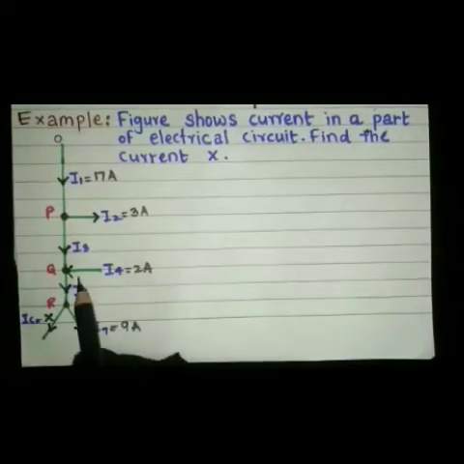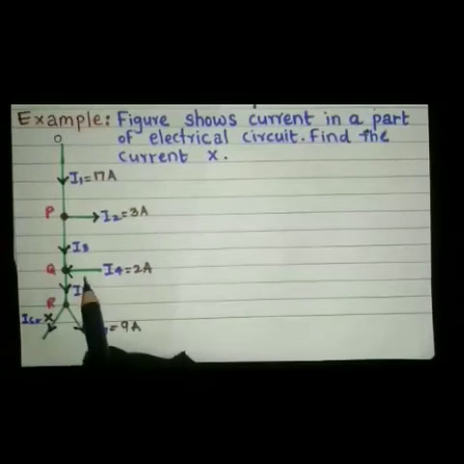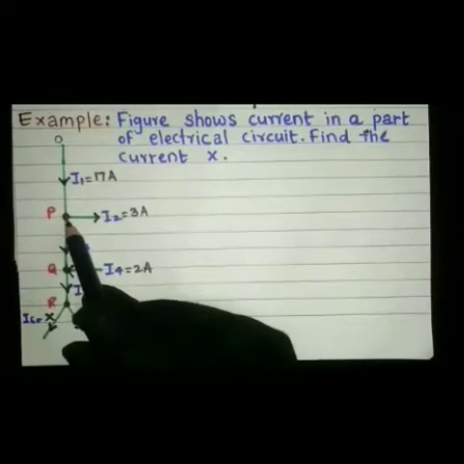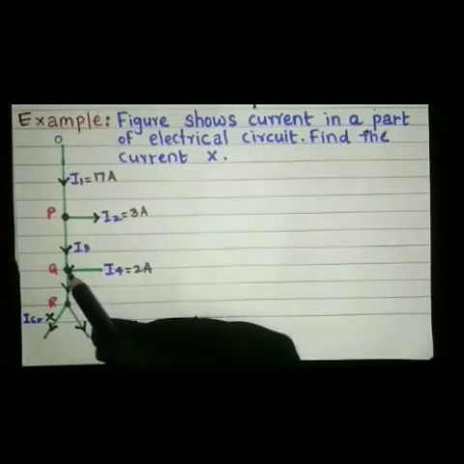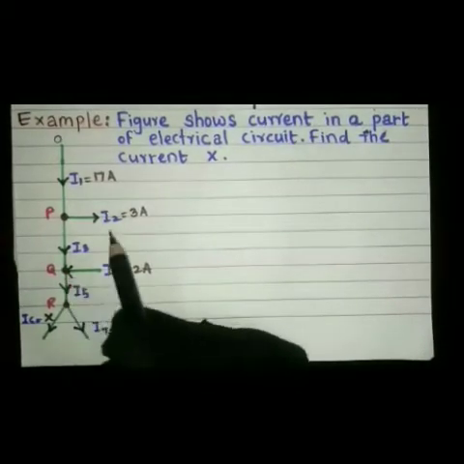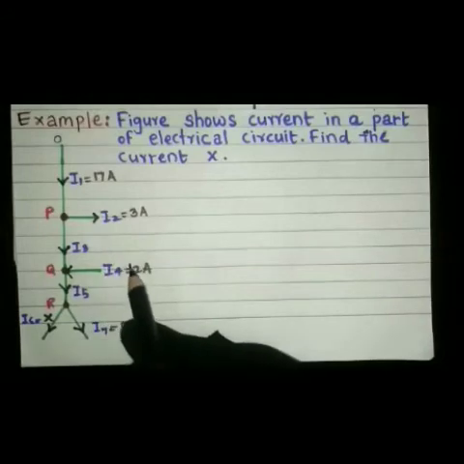As we are applying Kirchhoff's first law here, we have to see where the junctions are. You can see here, this is the first junction P, this is the second junction Q, and this is the third junction R. We have to apply Kirchhoff's first law one by one at each junction, because Kirchhoff's first law is also called the junction law.